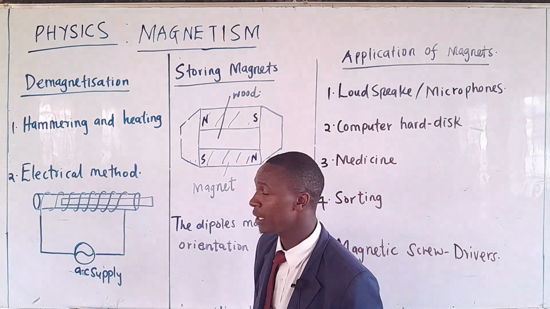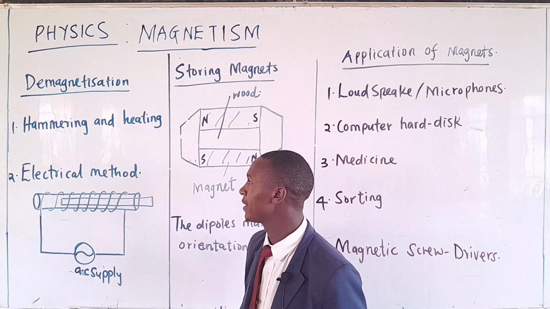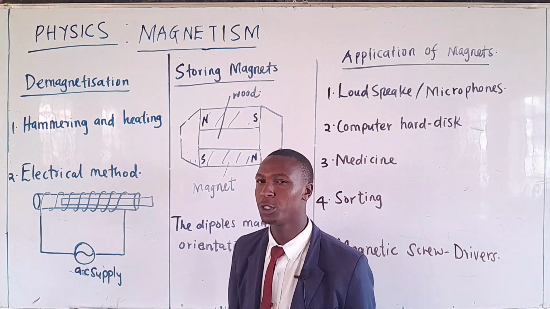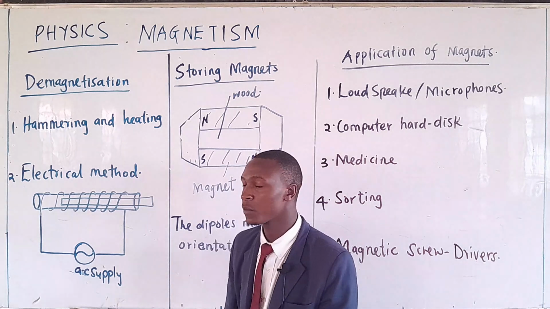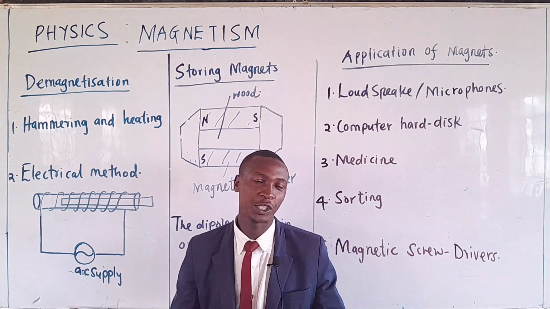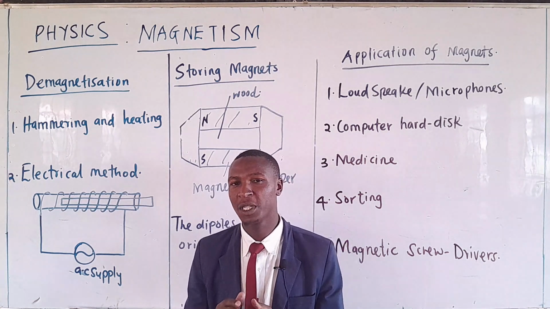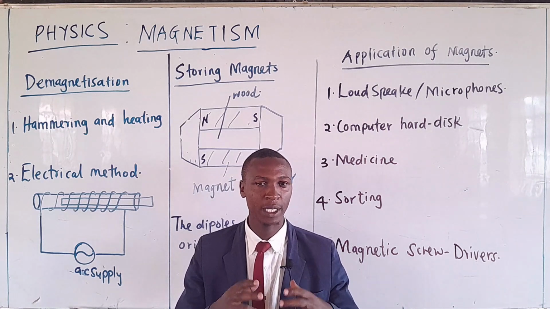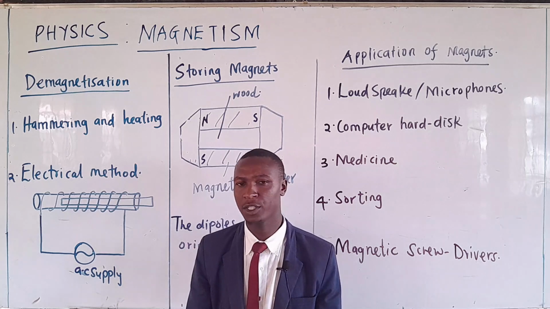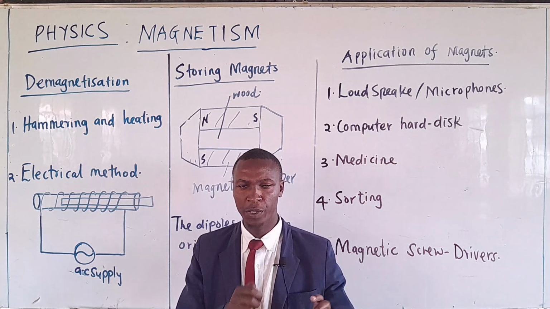Now, hammering can also demagnetize the magnet. For you to demagnetize a magnetic material using hammering, you're going to do the opposite of magnetizing. During magnetizing, you position the magnetic material in the north-south direction so that we can hammer.